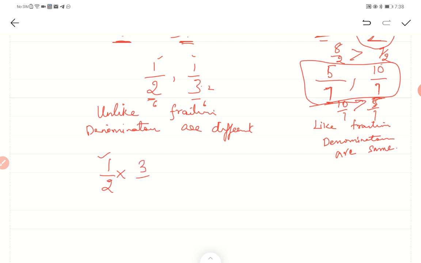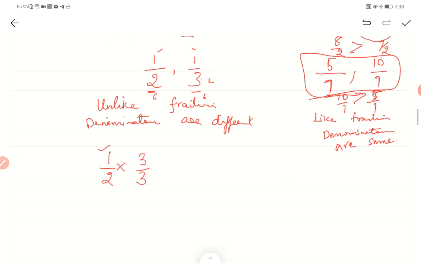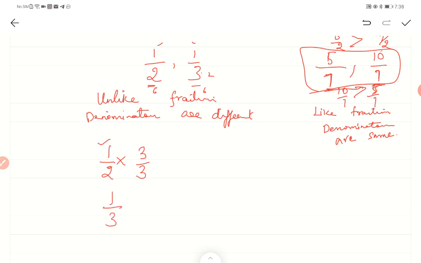So I will multiply 1 by 2 by 3 on top and bottom, and for 1 by 3 to make them like, I will multiply and divide by 2. So here I will get 3 by 6, and this is 2 by 6. So the equivalent of 1 by 2 is 3 by 6, and the equivalent of 1 by 3 is 2 by 6.